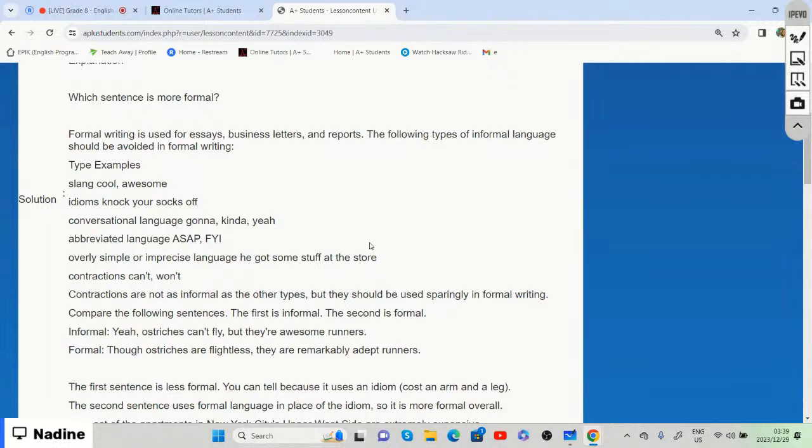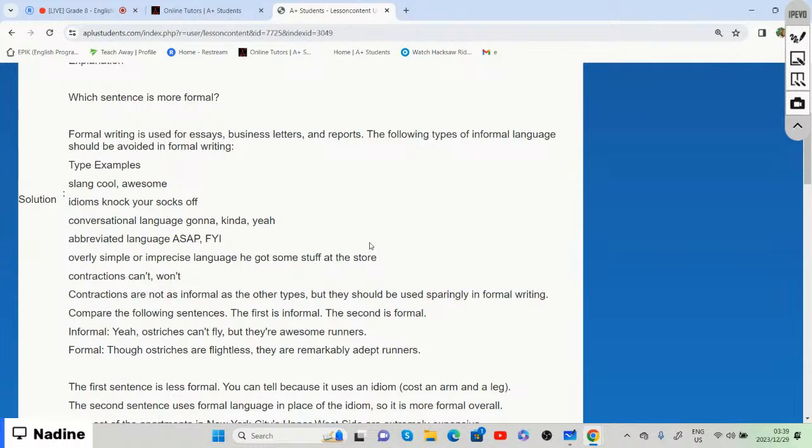Remember, there's a difference between formal writing and informal writing. Usually, informal writing is when we are writing a letter to our friend, but formal writing is when it comes to us writing emails, essays, business letters, or a report or summary about something.